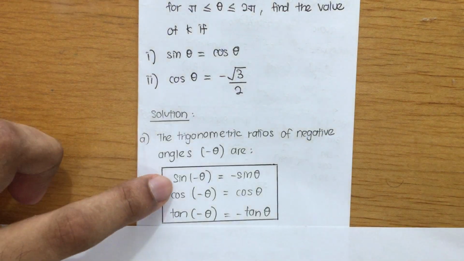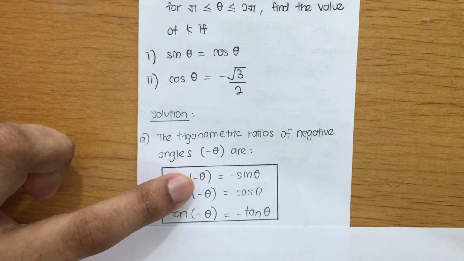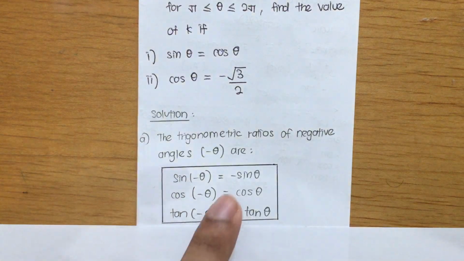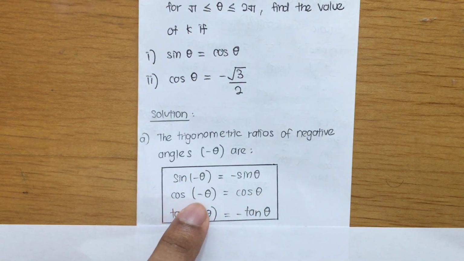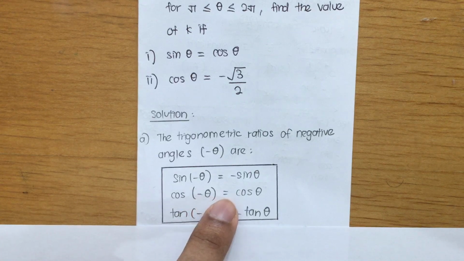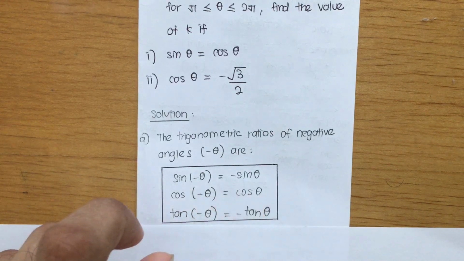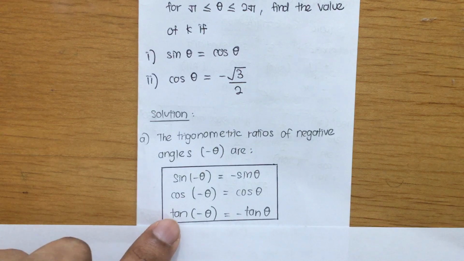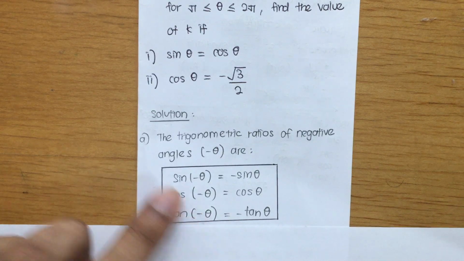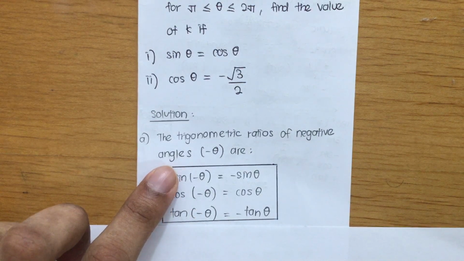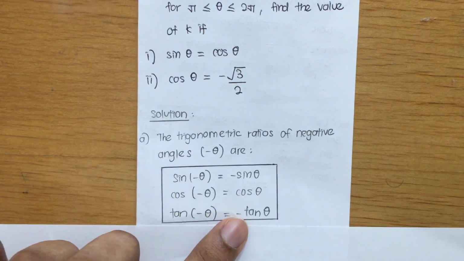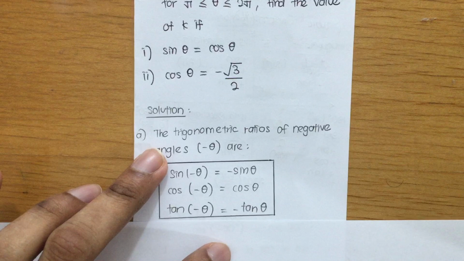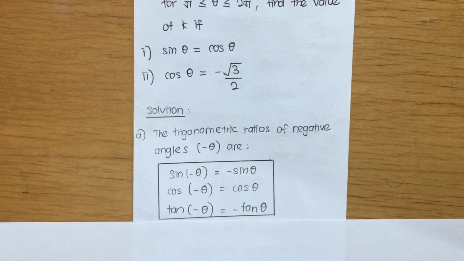When you have sine of negative theta, your answer will be negative sine theta. For cosine, when you have negative theta, your answer will be positive cosine theta. The tangent of negative theta is the same as sine: you get back your negative value, negative tangent theta.